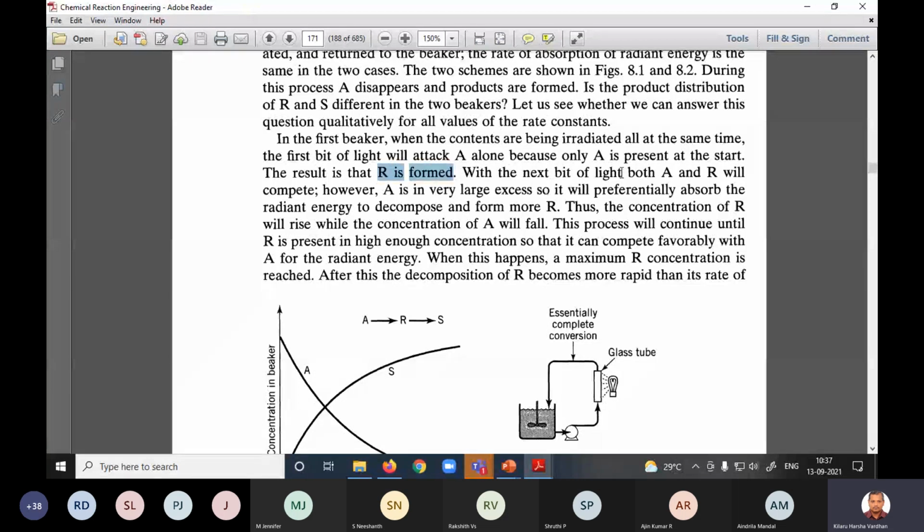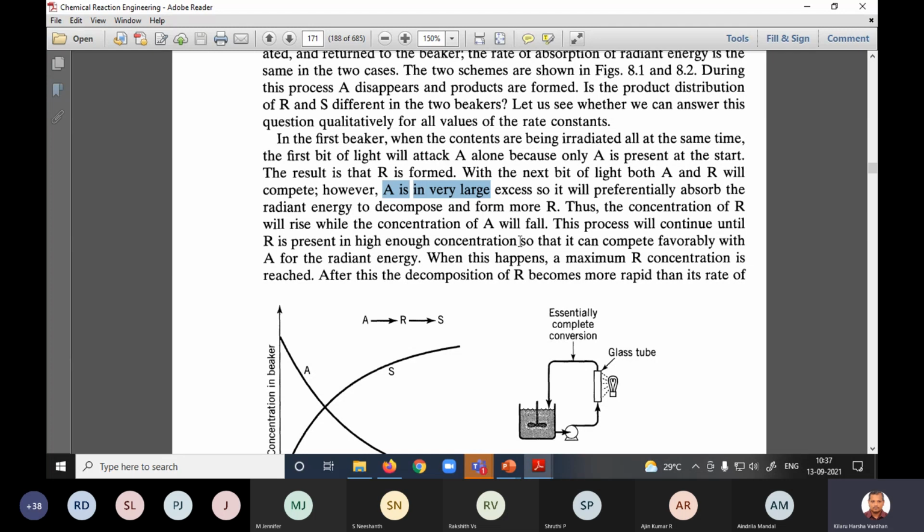With the next bit of light, both A and R will compete to take the light energy. However, the concentration of A is very large, so it will preferentially absorb the radiant energy to decompose and form more R. Thus, the concentration of R will rise while the concentration of A will drop.